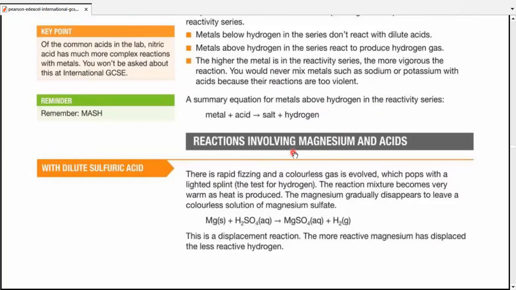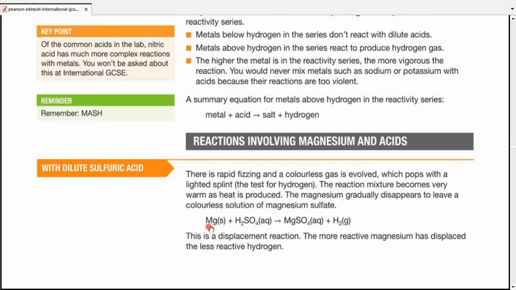Now there are some reactions involving magnesium and acids. There is rapid fizzing, and a colorless gas is evolved, which pops with a lighted splint, the test for hydrogen. The reaction mixture becomes very warm as heat is produced. Magnesium gradually disappears to leave a colorless solution of magnesium sulfate.